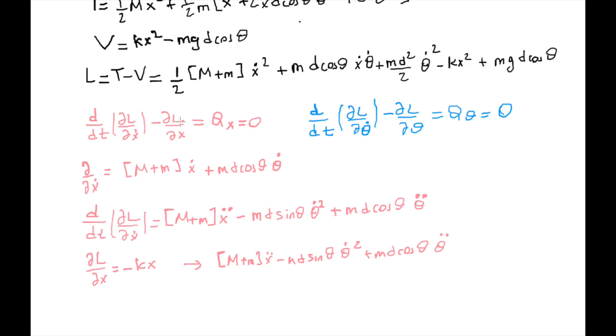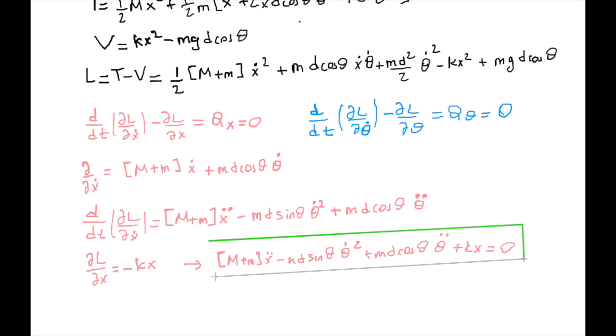Now minus partial L partial x is plus k x, equals 0. So this is my first equation of motion for x, but of course it's coupled to theta as well. Now I should also do the same thing for theta.